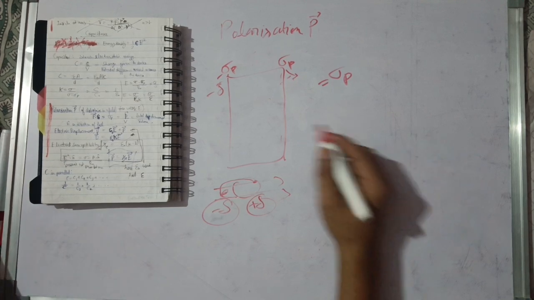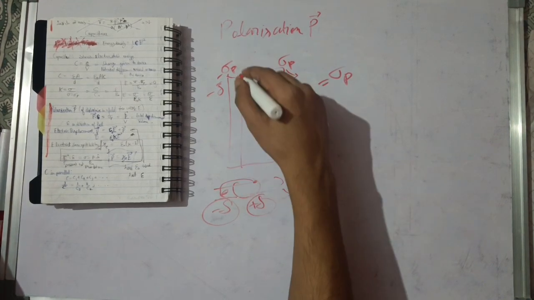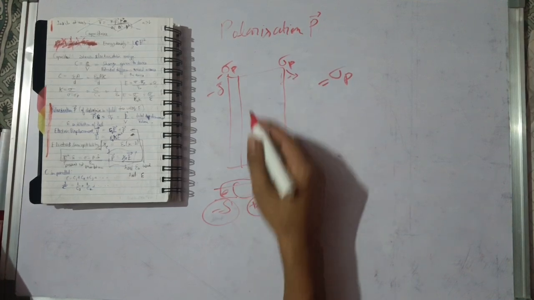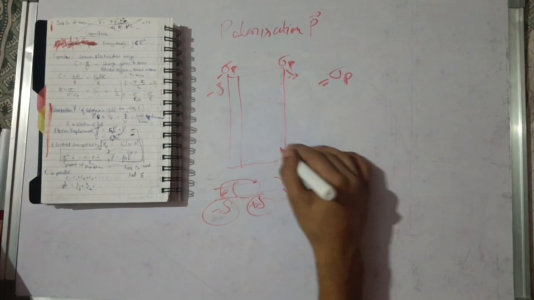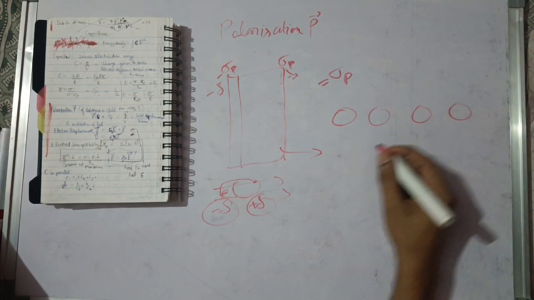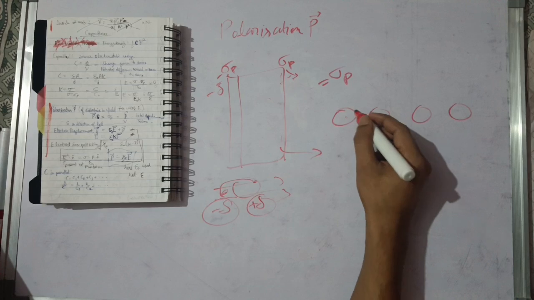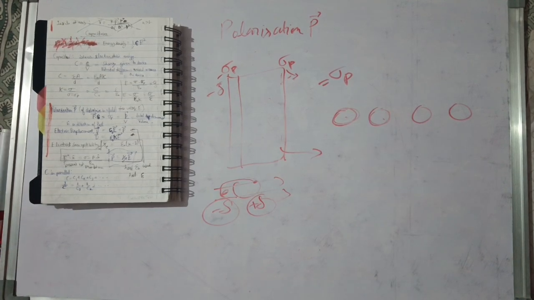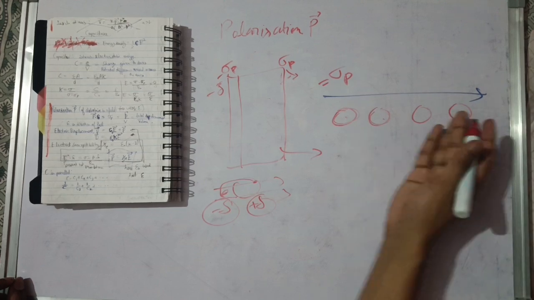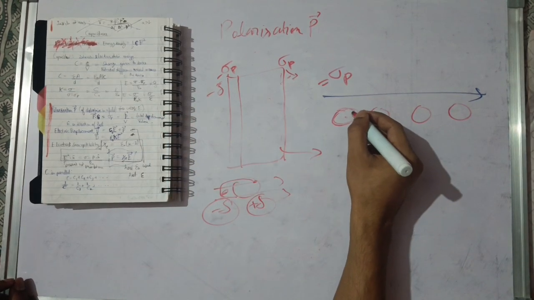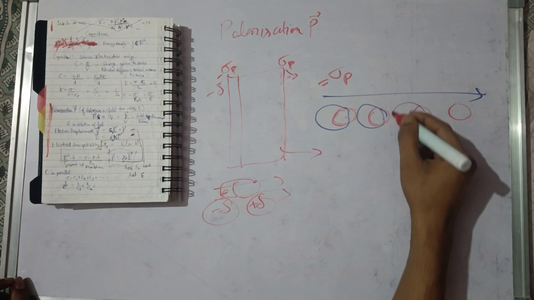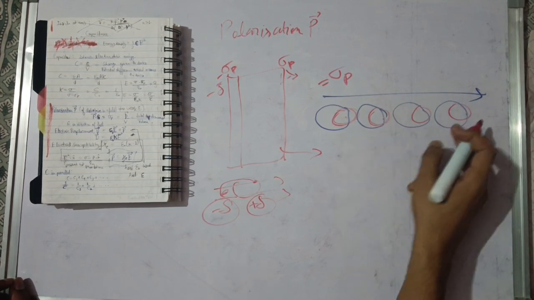Now the question is about all the pairs in the dielectric. If we zoom in, we will see atoms, which are neutral, with electrons revolving like this. When I apply an electric field in this direction, electrons are forced in this direction, so an electron will revolve around the atom like this.